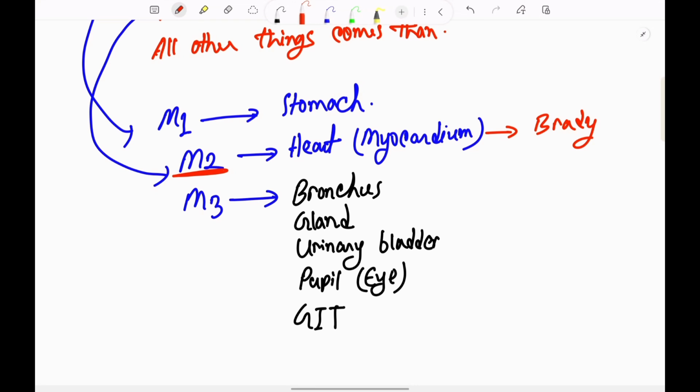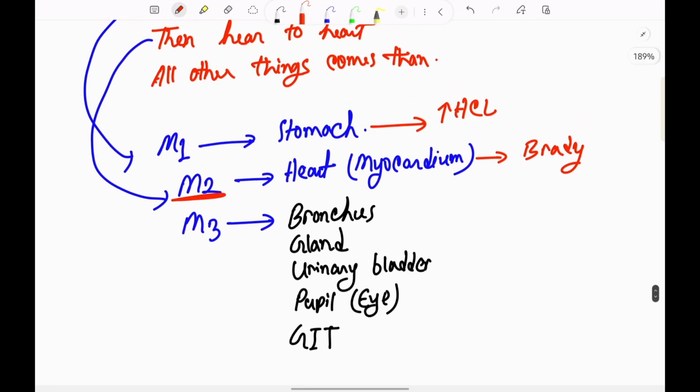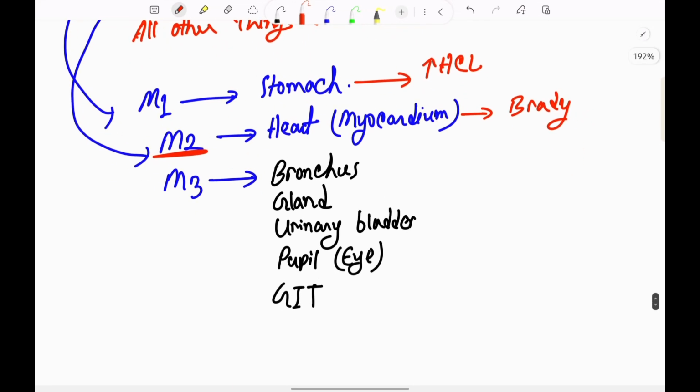So if stomach M1 receptor is stimulated, there will be increased secretion of hydrochloric acid. And if GI M3 receptor is stimulated, there will be increase in peristalsis. These two effects will help in our digestion. That's why parasympathetic or cholinergic nervous system is also called rest and digest system.